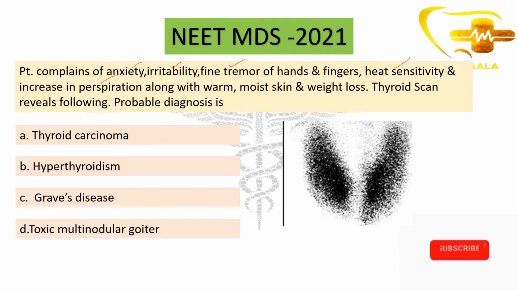The probable diagnosis, the options given were thyroid carcinoma, hypothyroidism, Graves' disease, and toxic multinodular goiter. To arrive at an answer, you need to know how the thyroid scan looks in all these conditions. Then only you will be able to arrive at an answer.